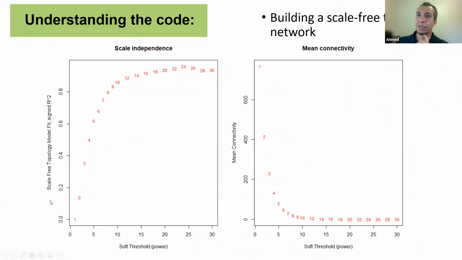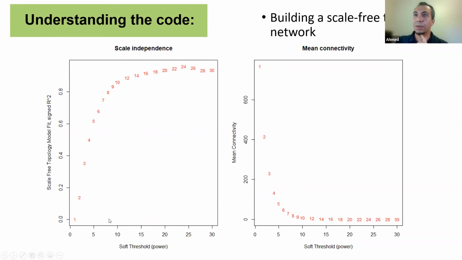Again, on the y-axis here, we're talking about the scale-free topology assumption fit, so this is the R-square value. And we have here the mean connectivity. And this is the vector that you have specified from 1 to 30: 1, 2, 3, 4, up to 10, and then you jump by 2: 12, 14, 16, etc. These, again, are the same values that you have specified.